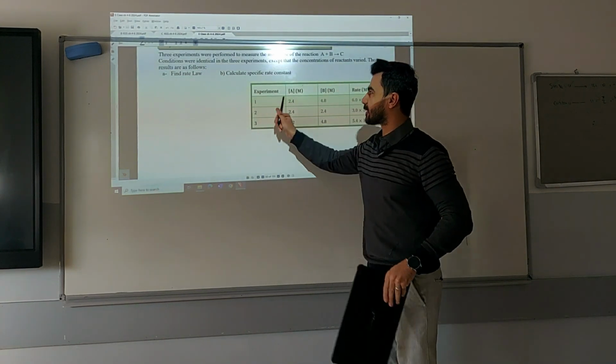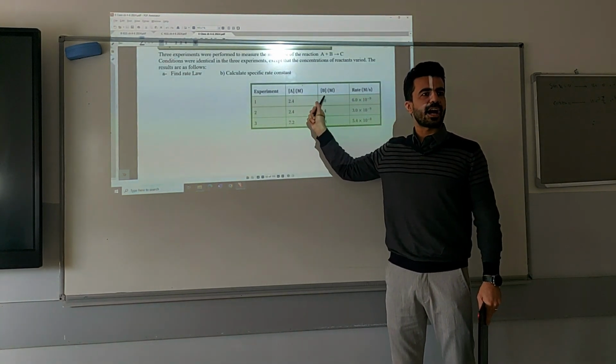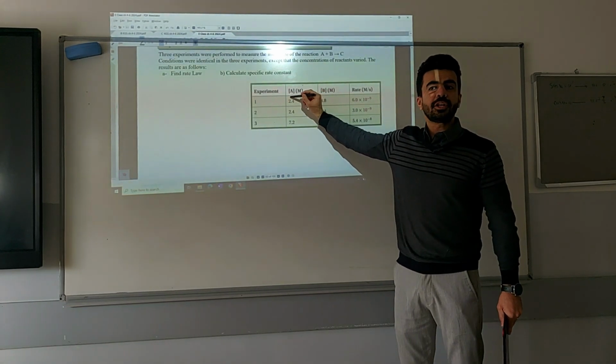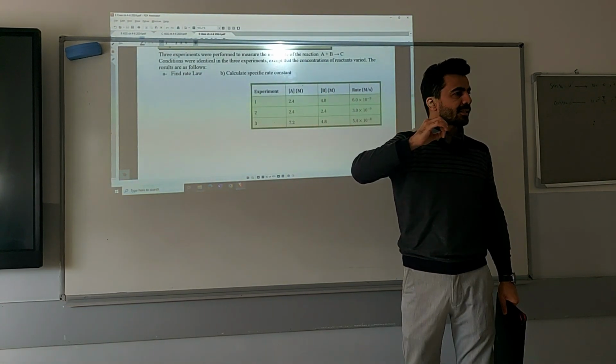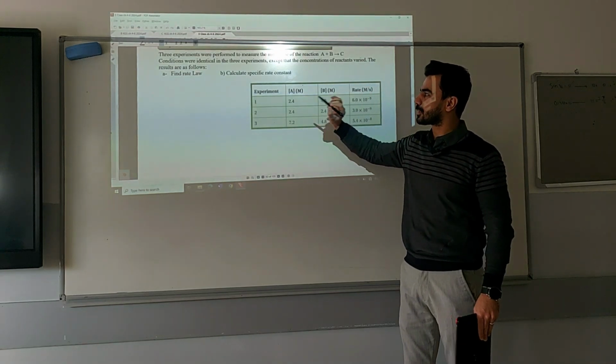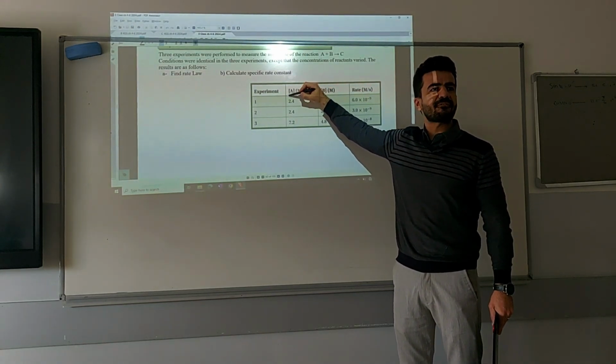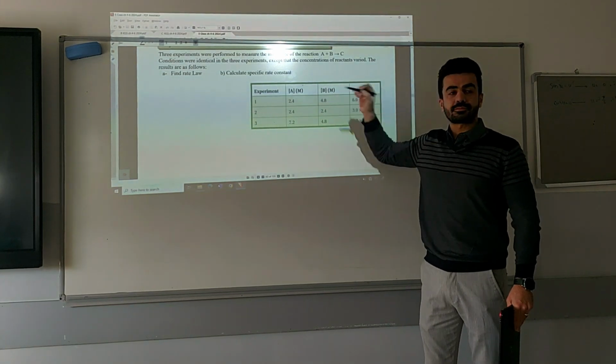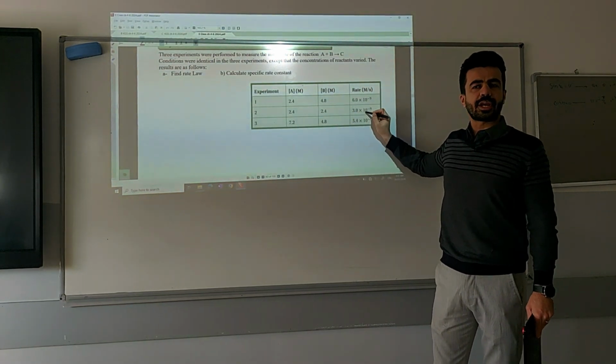If we have two reactants, in that case, when you choose the experiments, you have to pay attention to this part. For example, if you want to find the effect of A on rate, then the effect of B separately on rate.